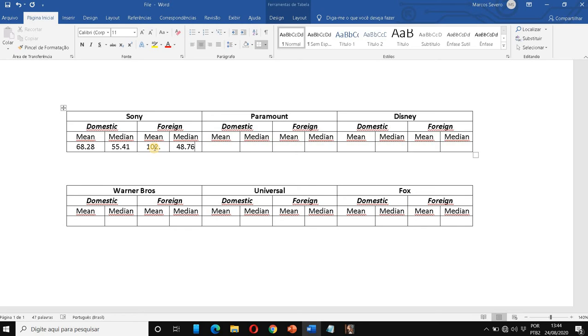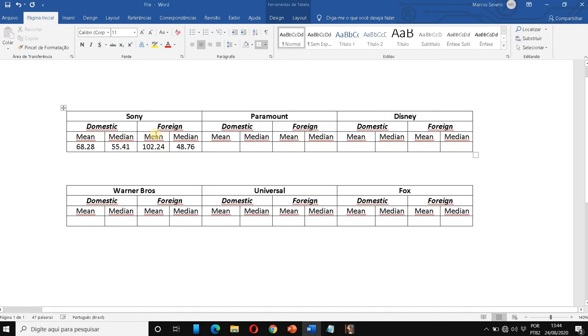What are the first conclusions I have with this data set? Okay, so Sony is generating more gross revenue from external markets, external to the US, than from the domestic market. Okay, so this is 102.24.